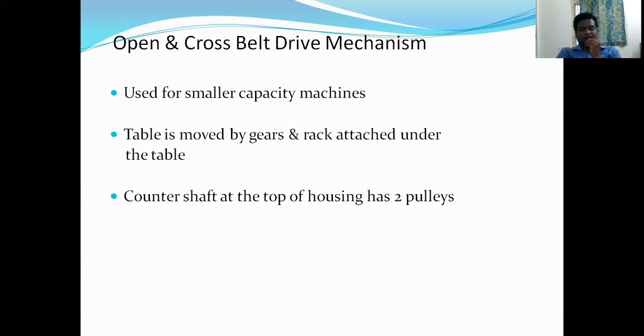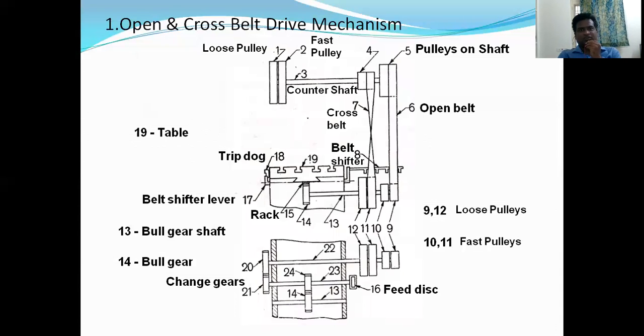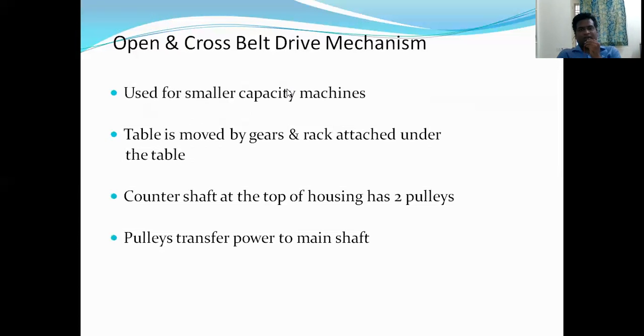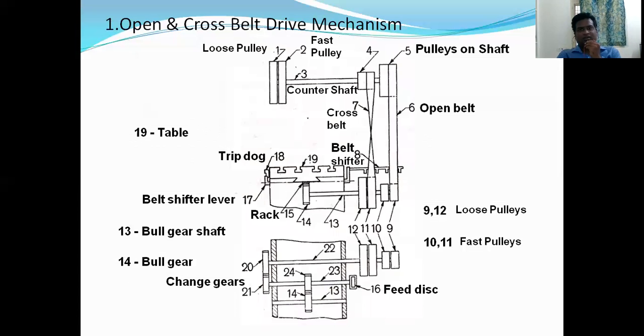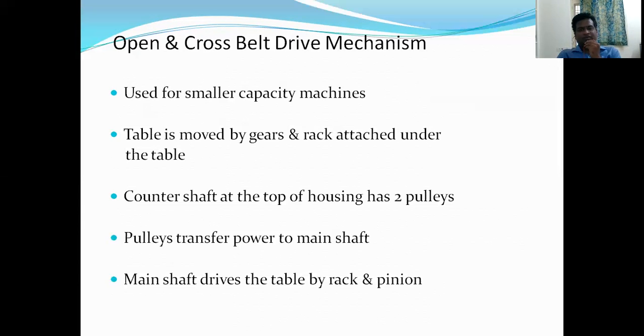The counter shaft at the top of the housing has two pulleys, and it transfers power to the main shaft. The main shaft drives the table by rack and pinion.